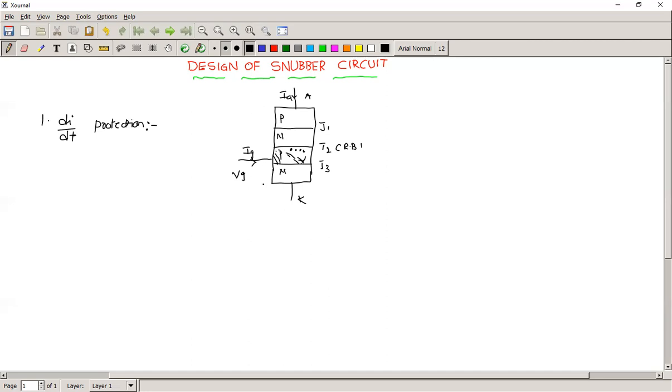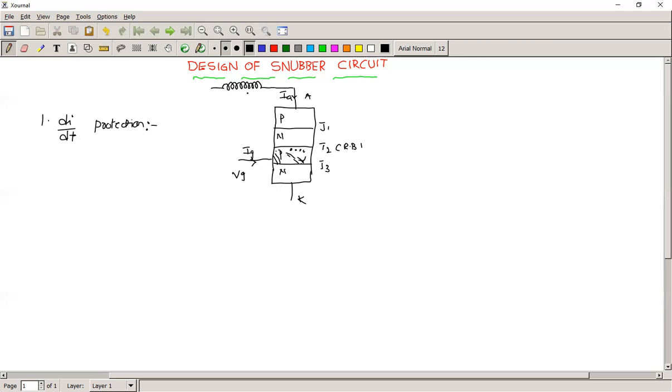Generally, how much rate of change of anode current can be withstood by the SCR is given by the manufacturer. To keep the anode current rise less than that value, we connect an inductor in series with the SCR.